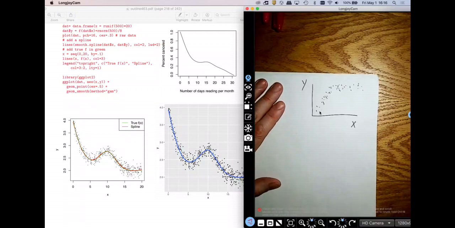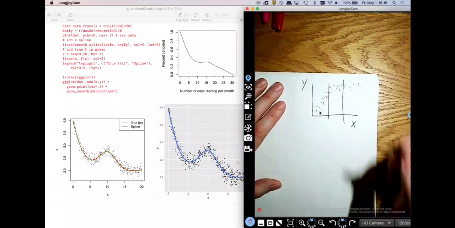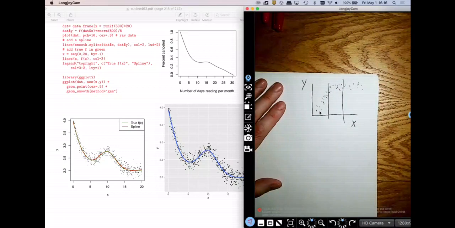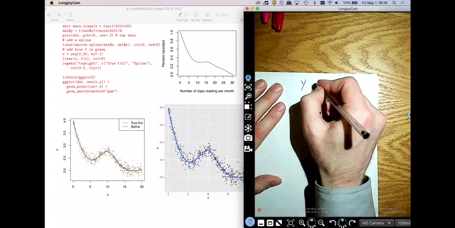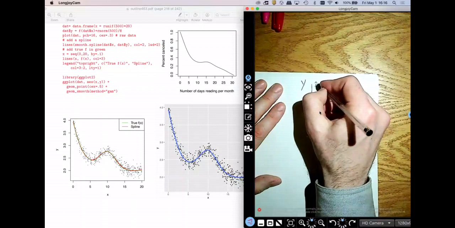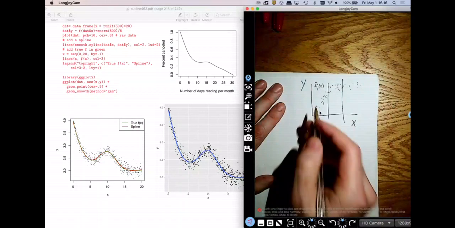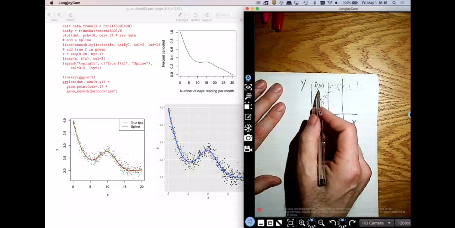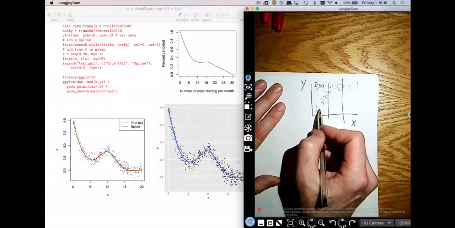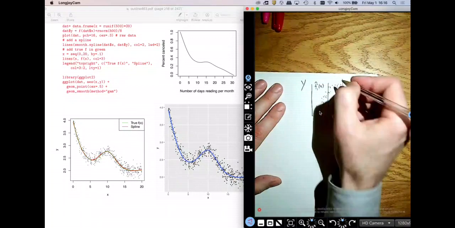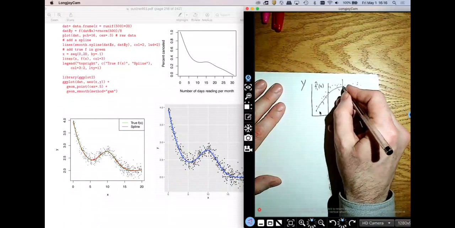Bin smoother says, go make some bins. And then the idea is to fit a function locally. So we're going to fit some sort of function f1 hat locally to approximate our true f. So you can think of this as your true f.